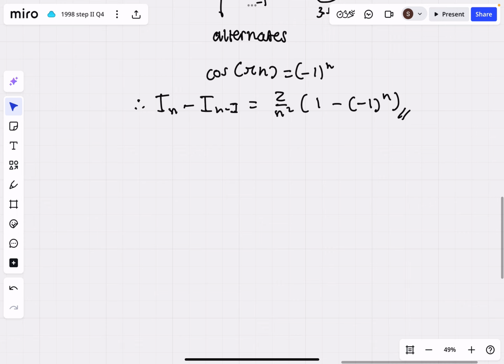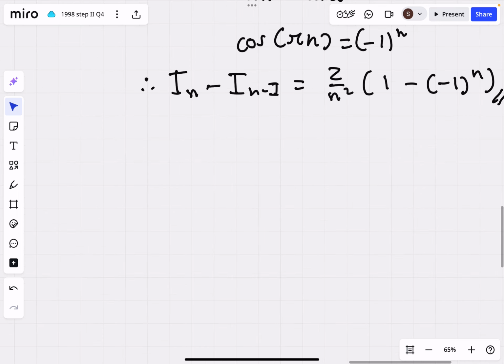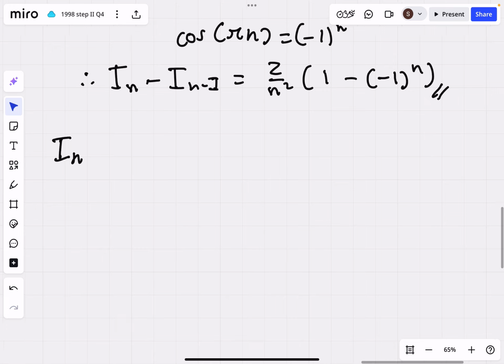Cool. So now we figured out I_n. The question asks us to hence evaluate the sum. So hence evaluate means that we need to use the previous part of the question, which is this. And our answer involves some form of sum. So there's a clever thing we can do here.